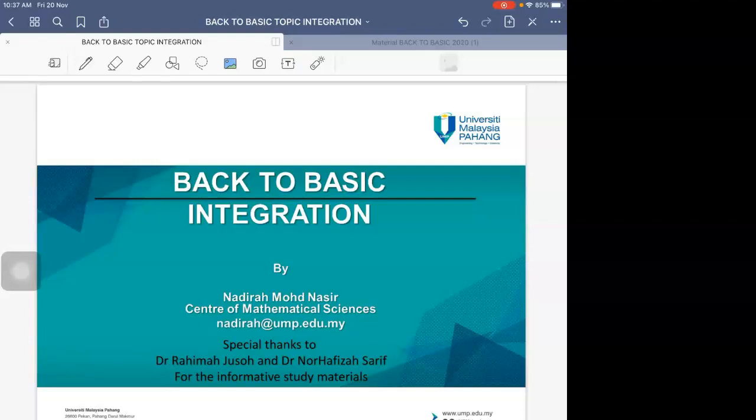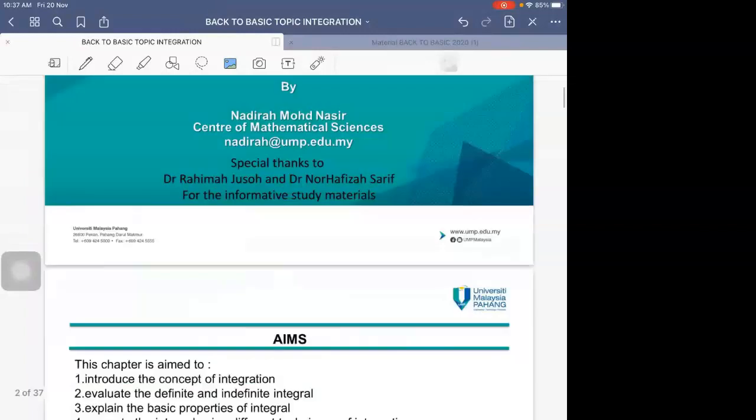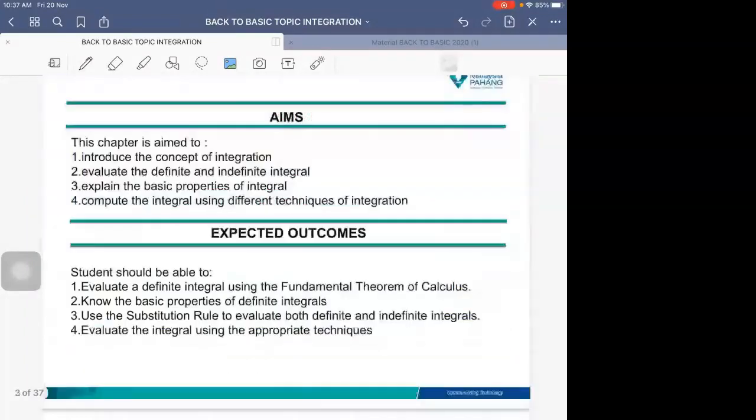Okay, so we will look at integration. This is our expected outcome from this session.